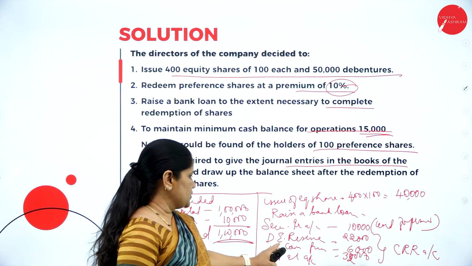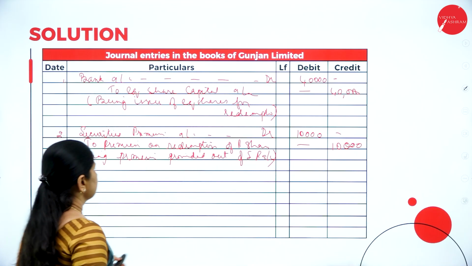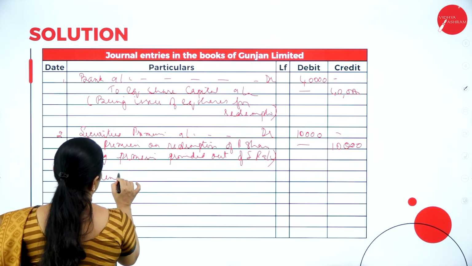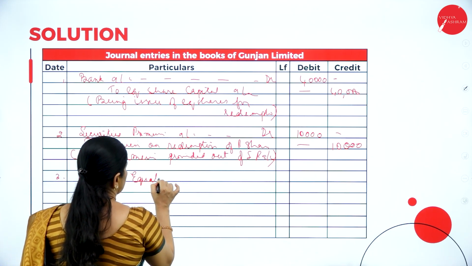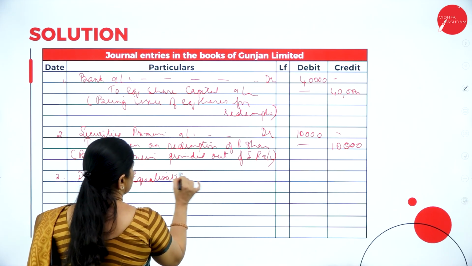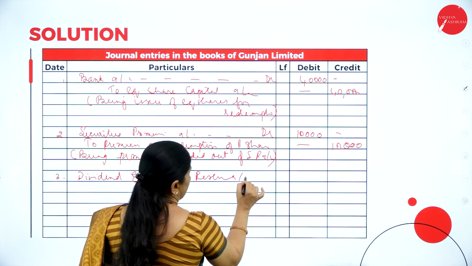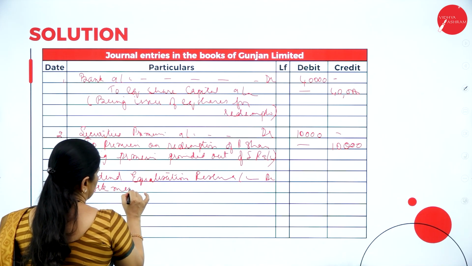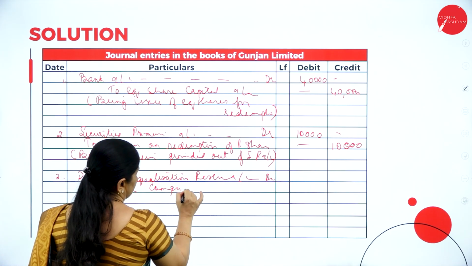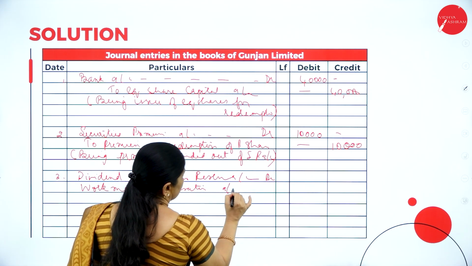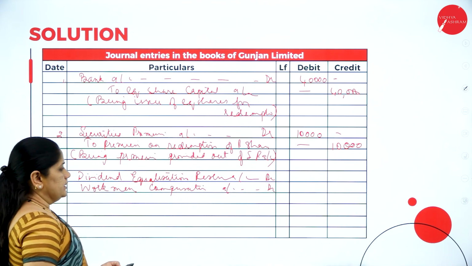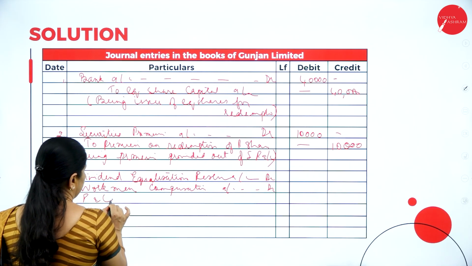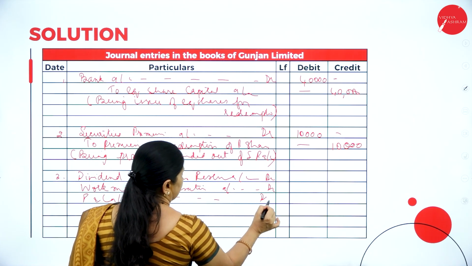Now, the next one: we are providing for the capital redemption. So we will write the third one. Dividend equalization reserve account debtor, then workman compensation account debtor, then we have the P&L account debtor.